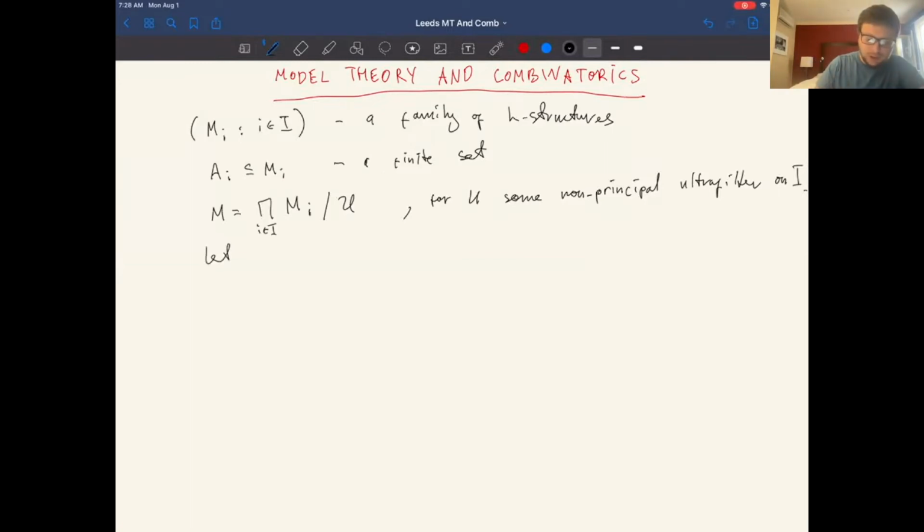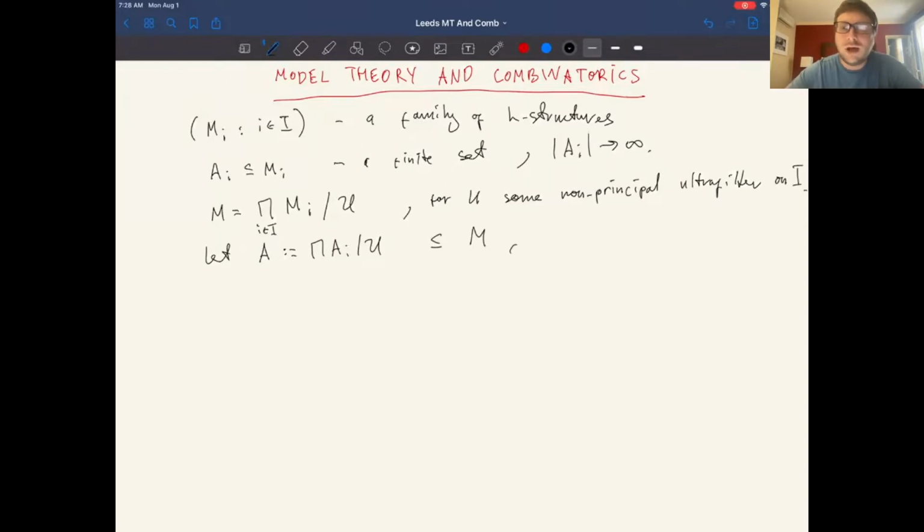So similarly, we can let A be the ultraproduct of the A_i, okay, which is now going to be an infinite set typically. To avoid triviality, we can assume that the sets A_i grow in size with i. Okay, and so we have this A, a subset of M.